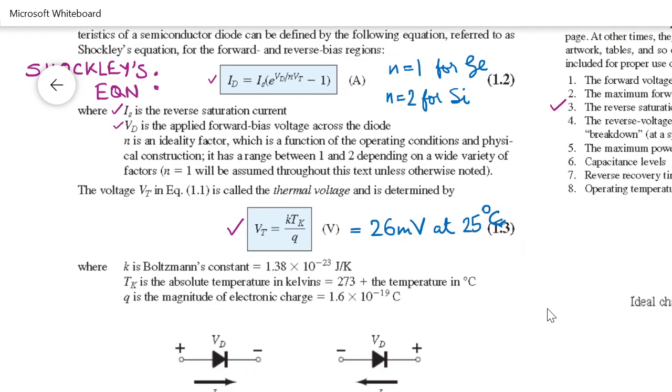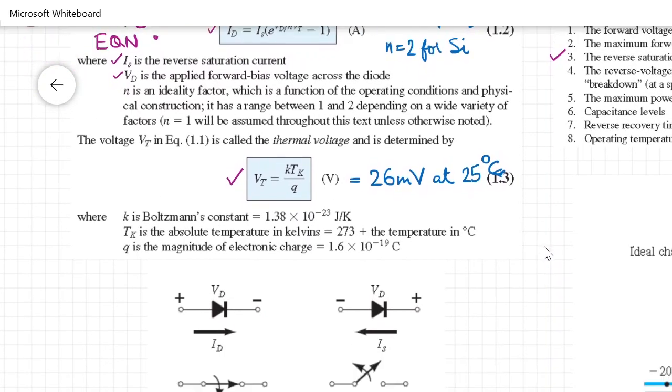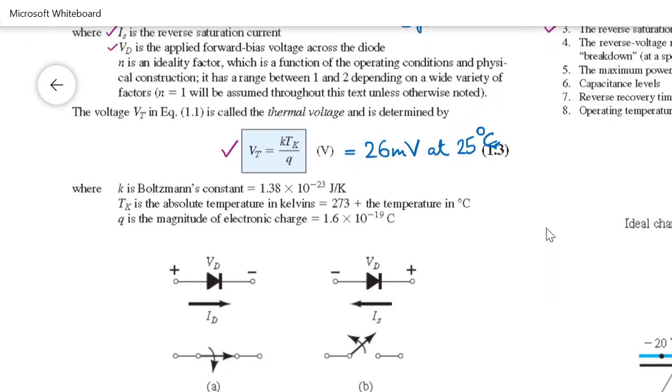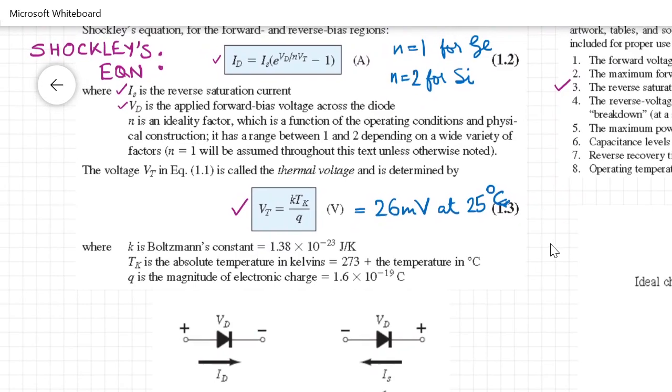Now let us go into the symbolism of the diode and how the diode characteristics look. What are characteristics? Characteristics is the relationship between the different variables which are associated with a particular device.